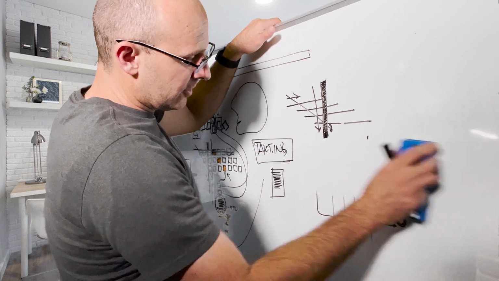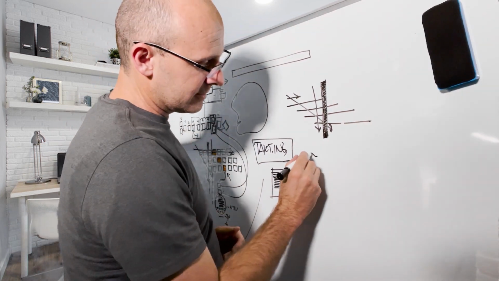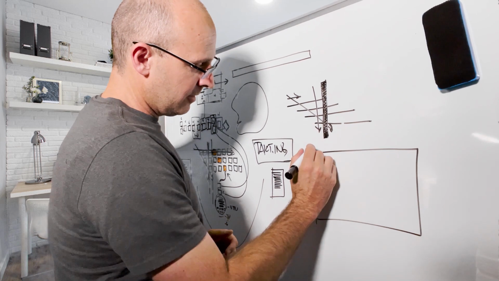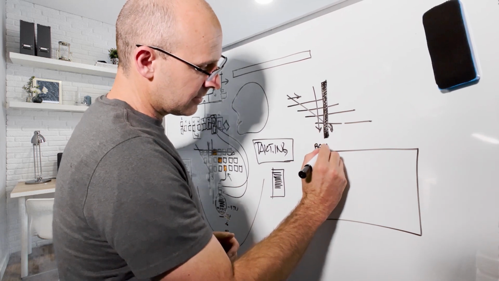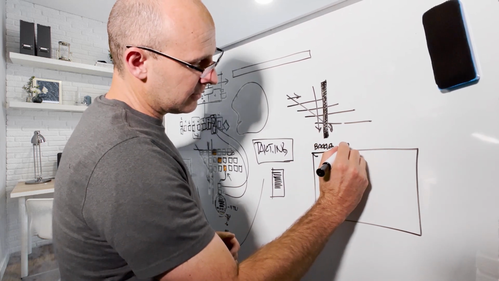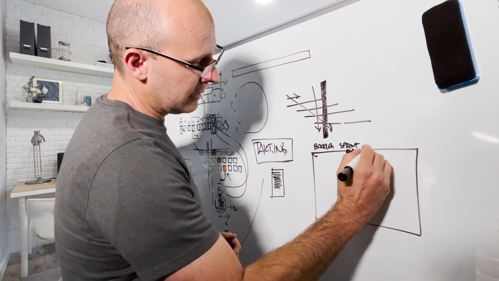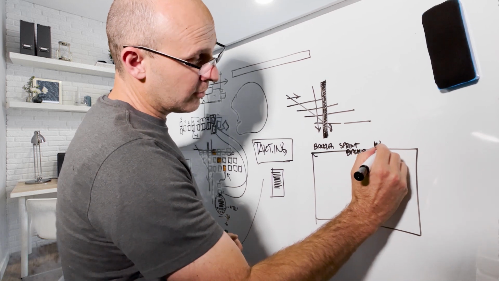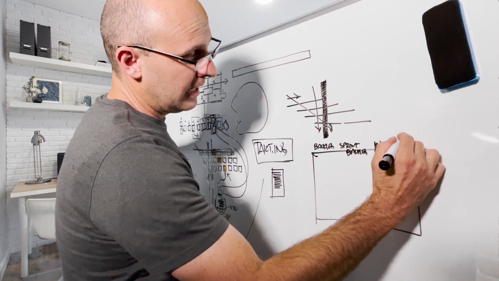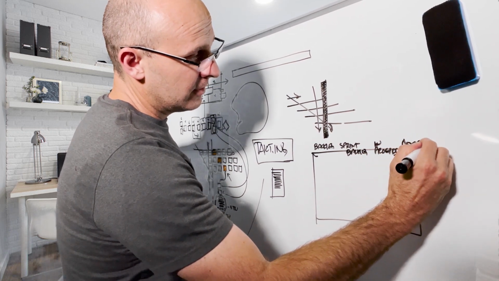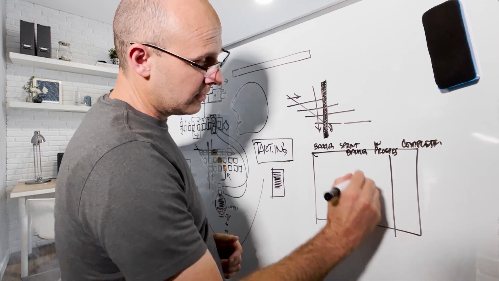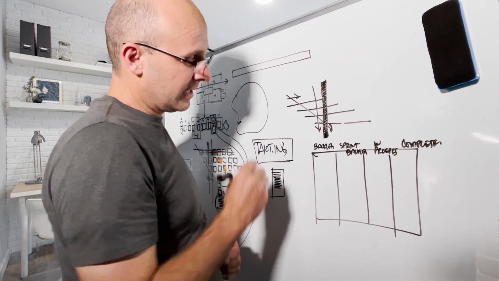Okay, but on your Scrum board, which looks like this, you have backlog, sprint backlog, in progress, or process, whatever you want to call it, and then complete. There are 4 columns that go like this. And so guess what?